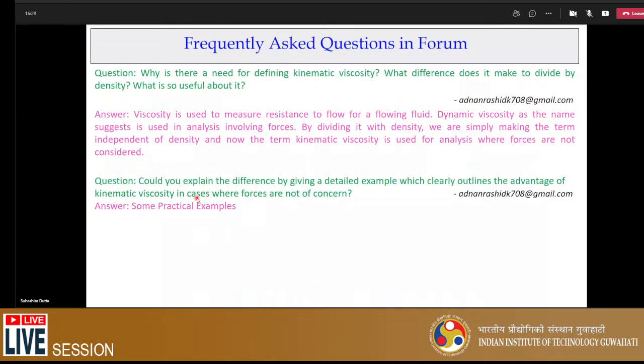Why we divide by density to get kinematic viscosity, more details will come when we talk about Reynolds numbers, how these two properties are combined, and how it makes it easy to distinguish different types of flow, laminar and turbulent.